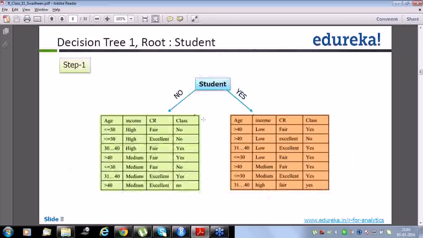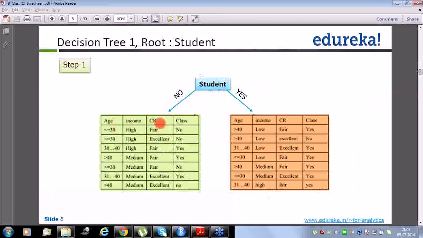Here we start with student. Now these two nodes, no student and yes student, I can divide based on age as well, or based on category CR as well.